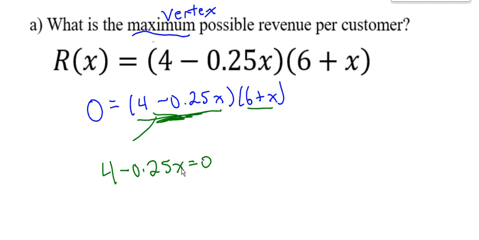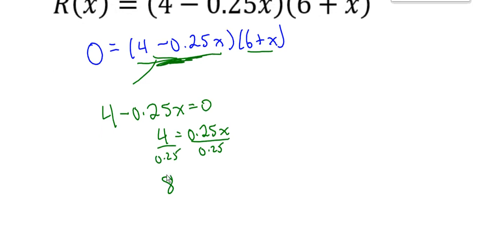So I'm going to solve for this little equation right here. I'm going to add 0.25x to both sides, divide both sides by 0.25 to isolate the x, and I have 8. Nope, I have 16, sorry. I should look at my work. 16 equals x. So therefore, I know that one of my roots is at 16, 0.